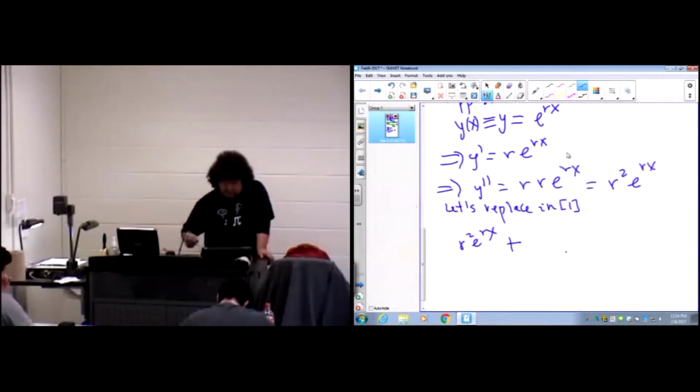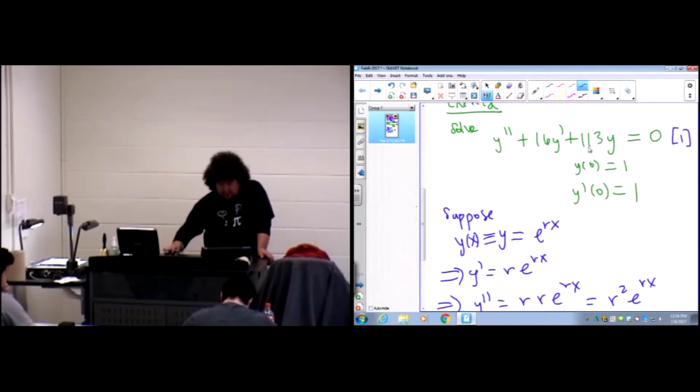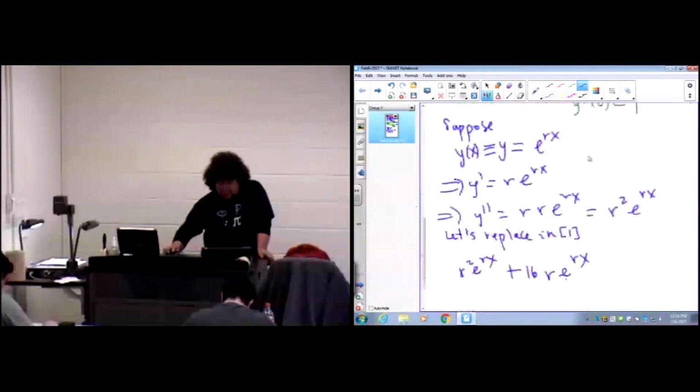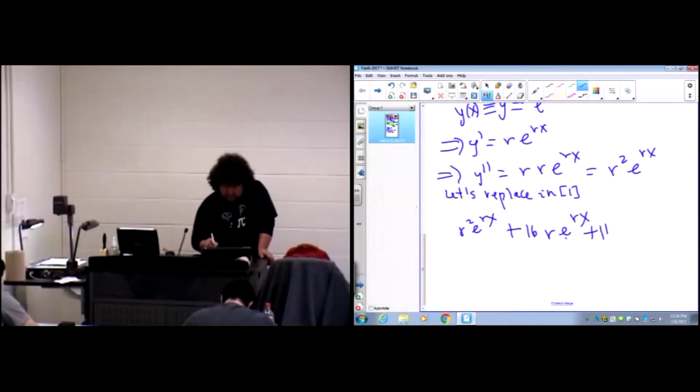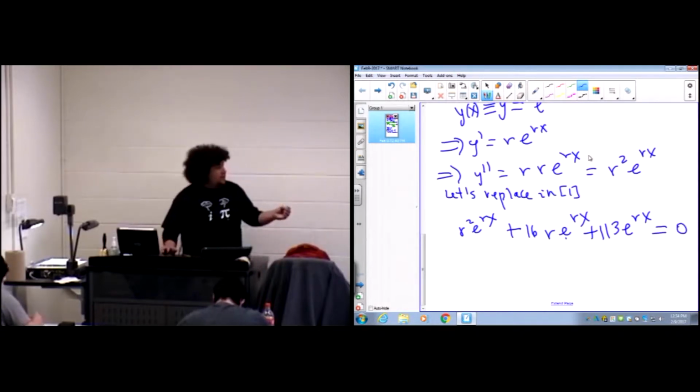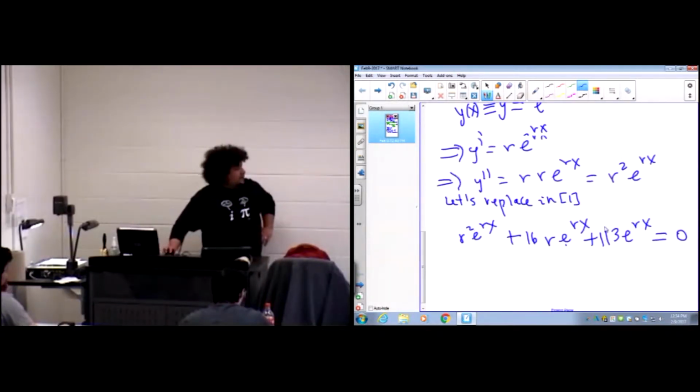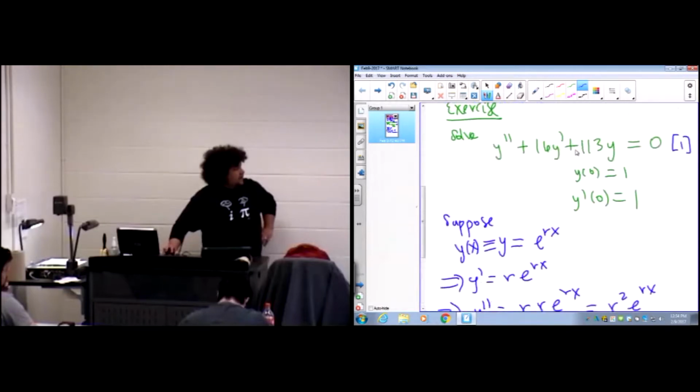So we can factor that exponential function. The right-hand side is still equal to 0, and we're left here with r squared plus 16r plus 113. So you can see that there is a remarkable similarity between this quadratic in r and this differential equation. It's almost like you replace the derivative operator with an exponent, right?